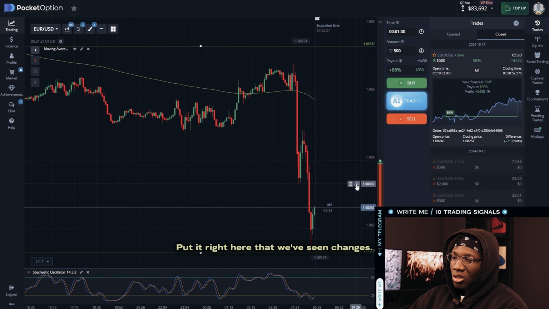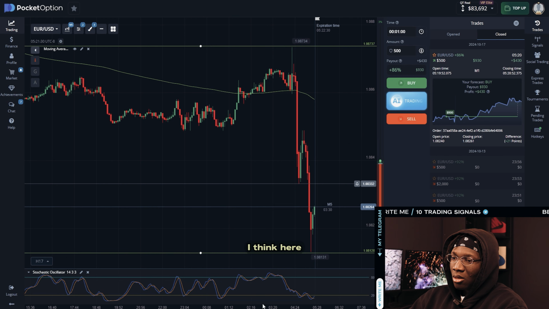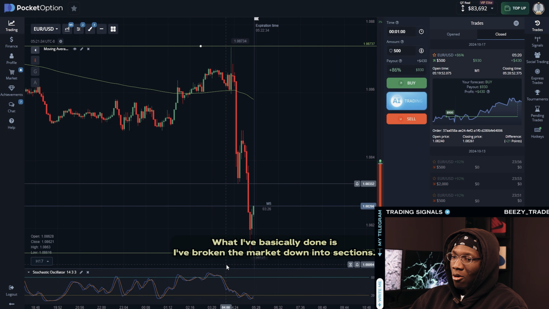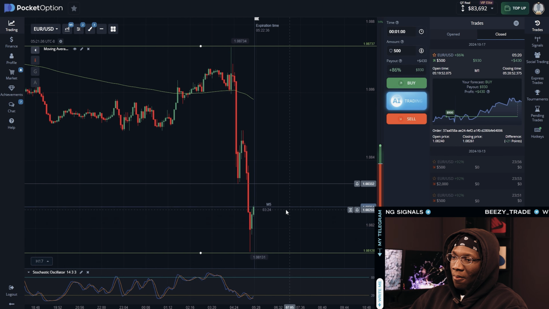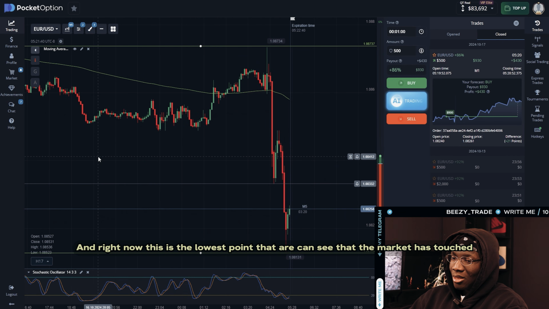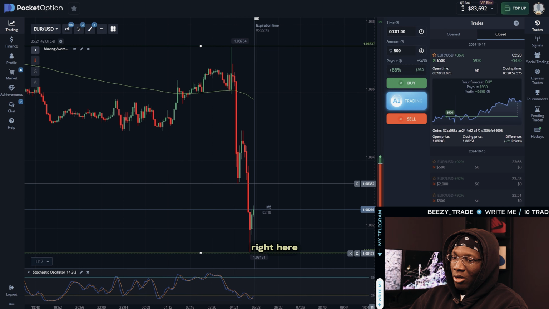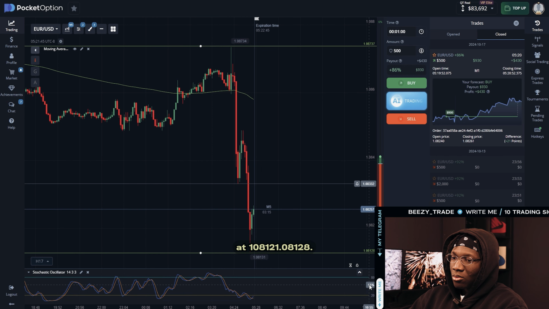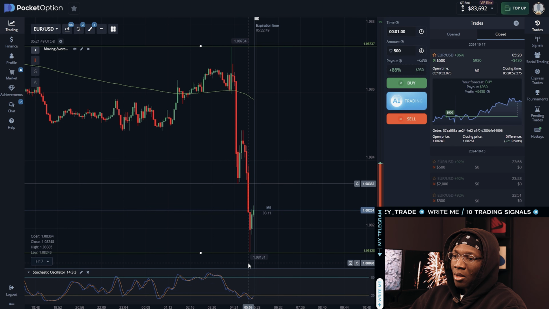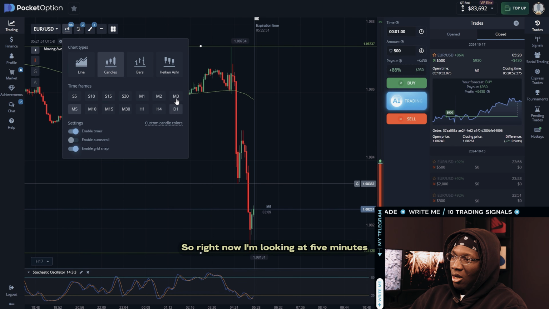Now we've seen changes, I think here, and what I've basically done is I've broken the market down into sections, and right now this is the lowest point that I can see that the market has touched right here at 108.128. So right now I'm looking at 5 minutes.